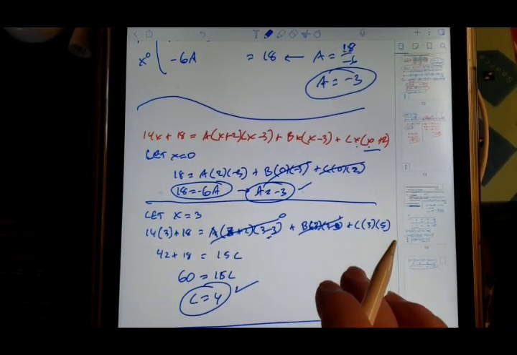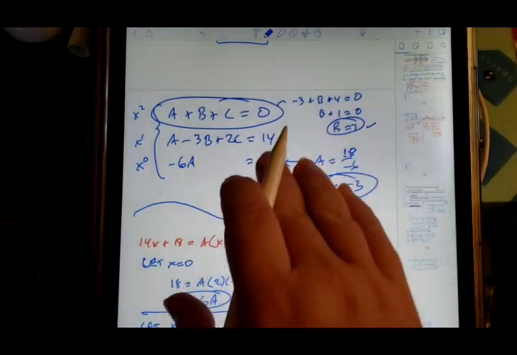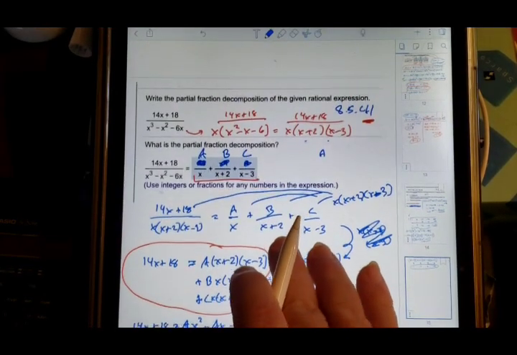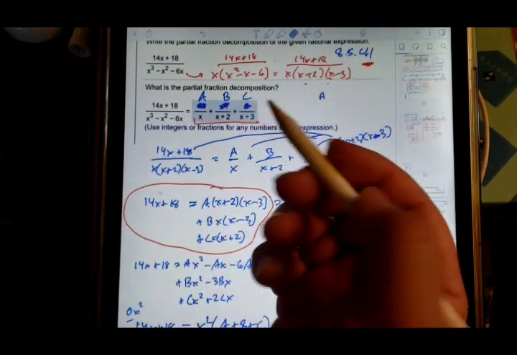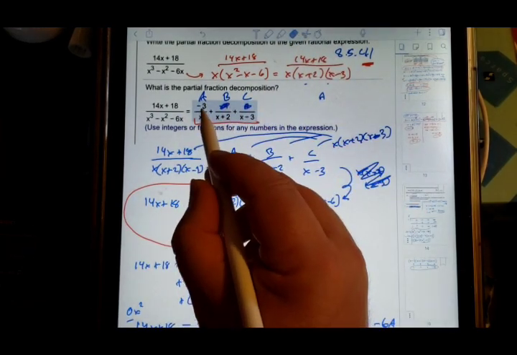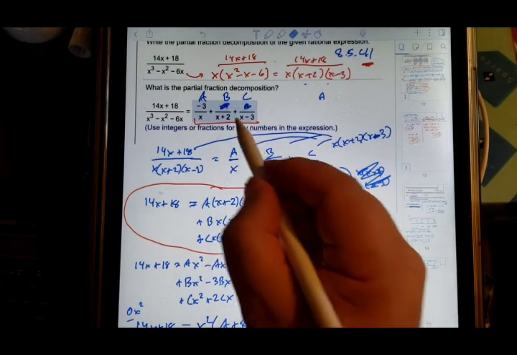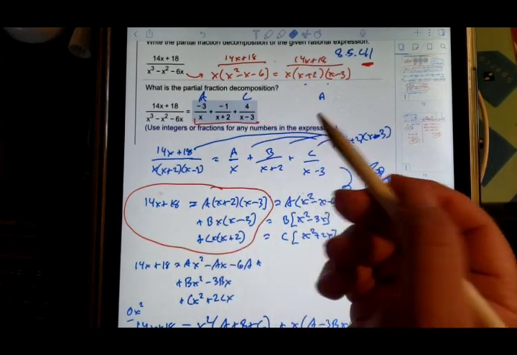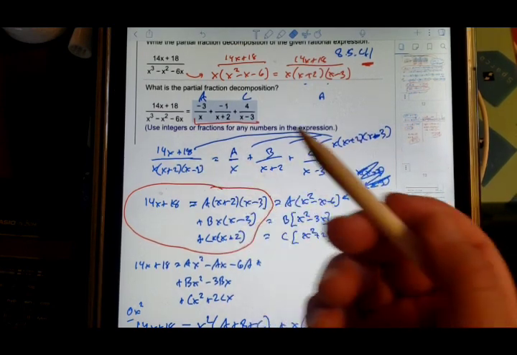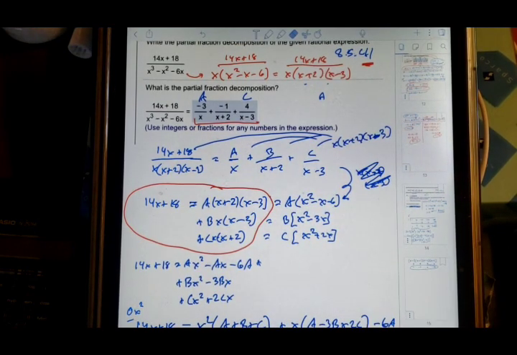All right. Going back to the original problem then, what is A, B, and C, at least what I called A, B, and C? Well, A, negative 3, B, negative 1, and C was 4, and that's exactly what we were looking for.